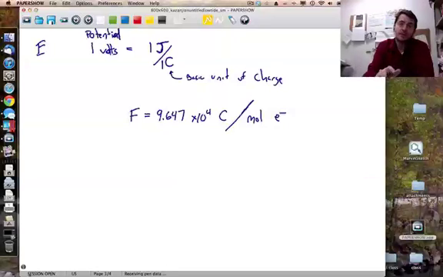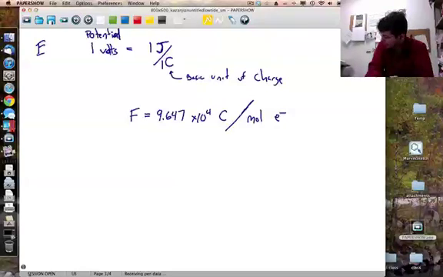So, by moving that many coulombs of charge through a potential of 1 volt, it would take 1 joule of energy.